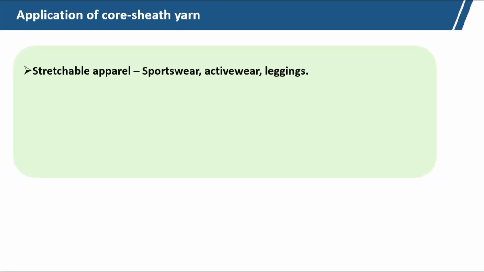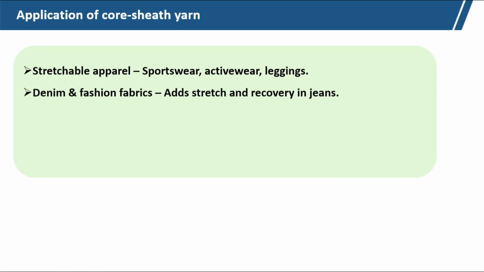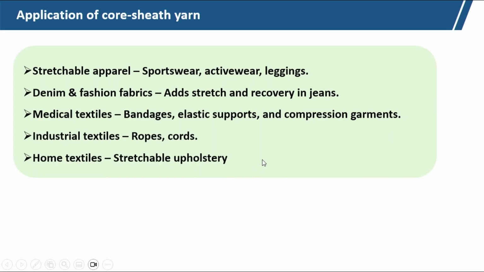The applications of core sheath yarns are stretchable apparel, which is used for sportswear, activewear, leggings, denim, stretchable denim; medical textiles, such as stretchable bandages, elastic support, compression garments; industrial textiles, ropes, cordage, where we can use the core spun yarn; and home textile, stretchable upholstery.